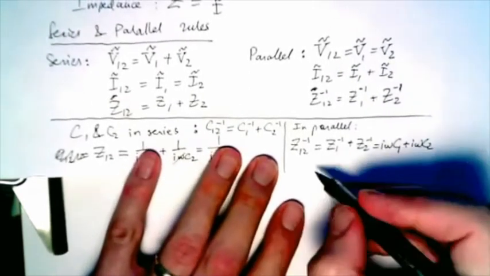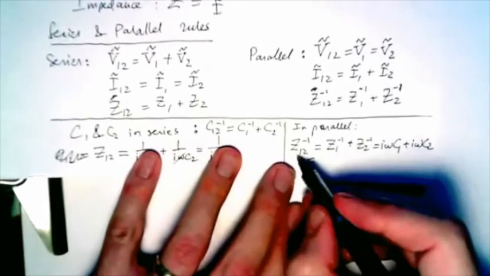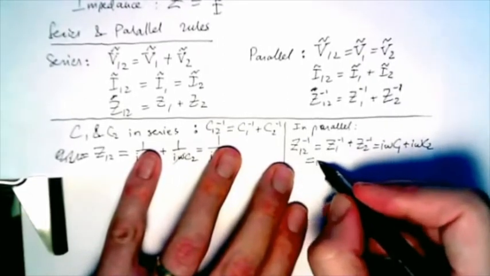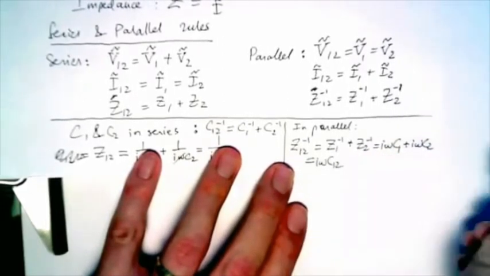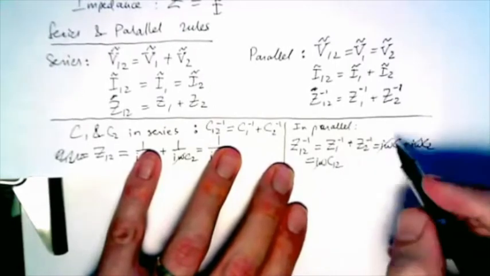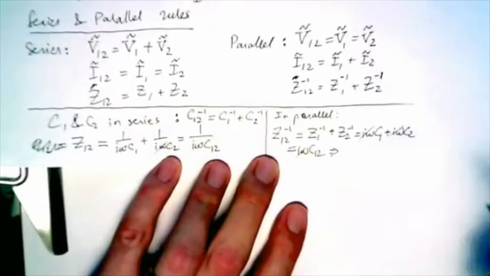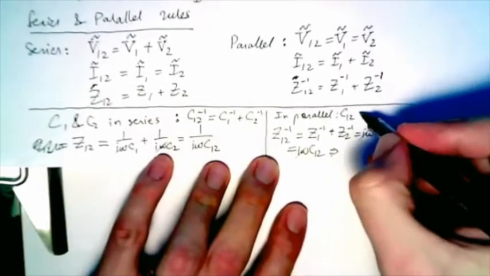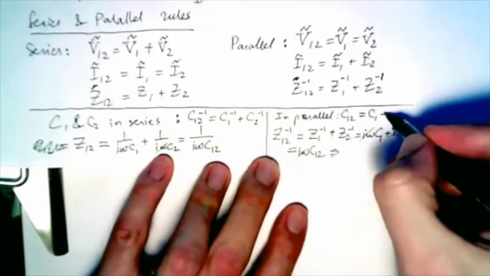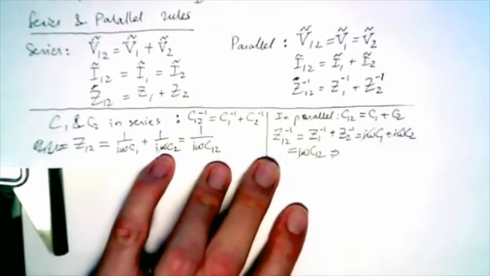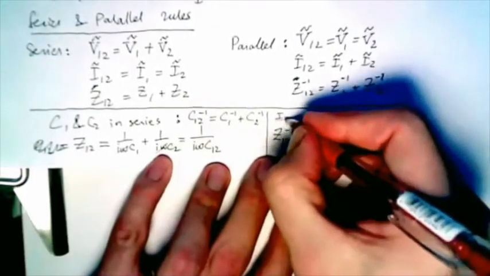And that would be equal to a new impedance that we invert, i omega C12. So again, we can divide these out, and we get C12 equals C1 plus C2. So that's parallel capacitors.